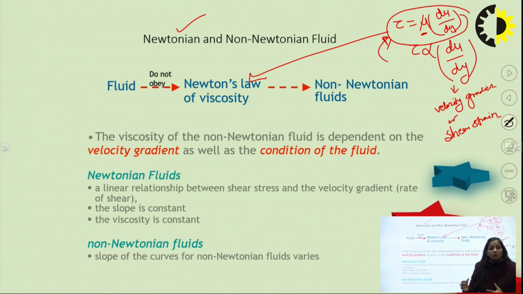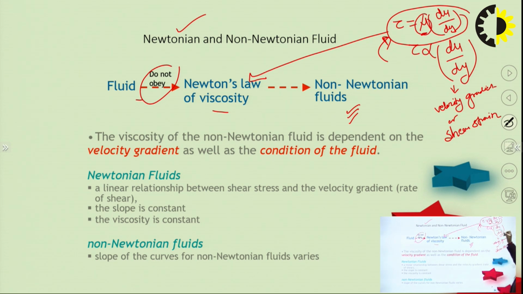Fluids which do not obey Newton's law of viscosity are called non-Newtonian fluids. The viscosity of a non-Newtonian fluid depends upon the velocity gradient as well as the condition of the fluid.